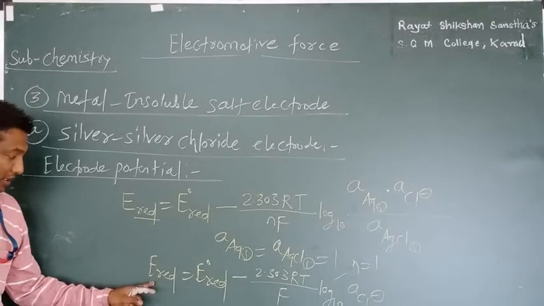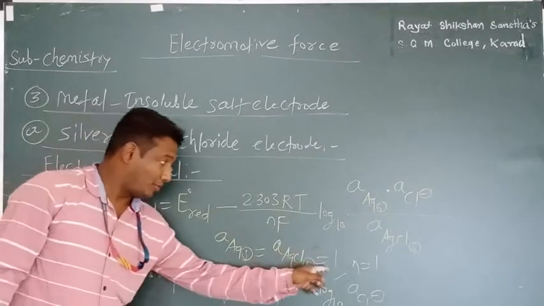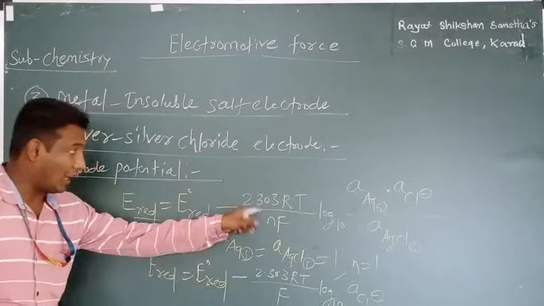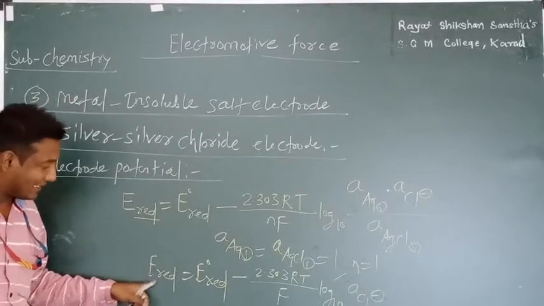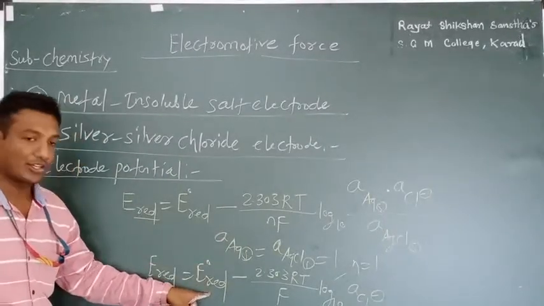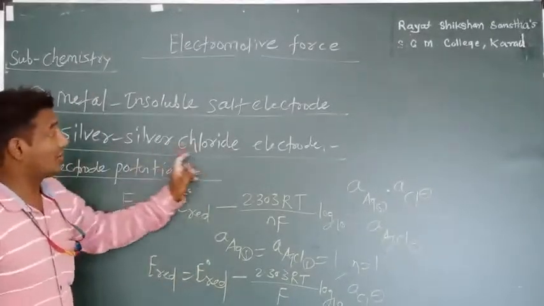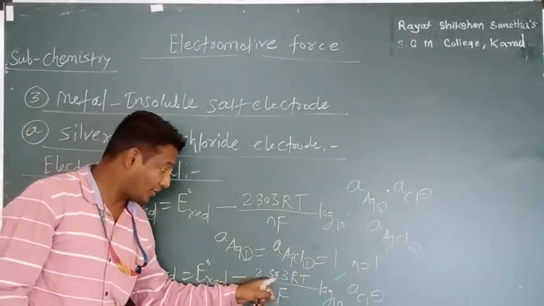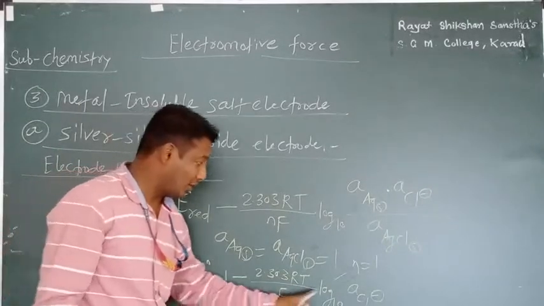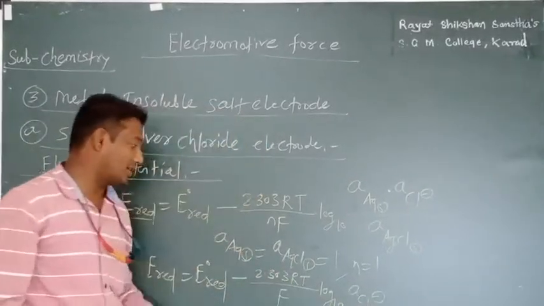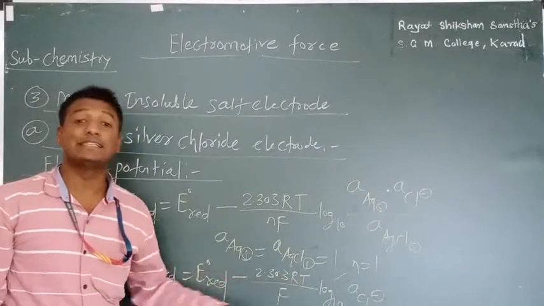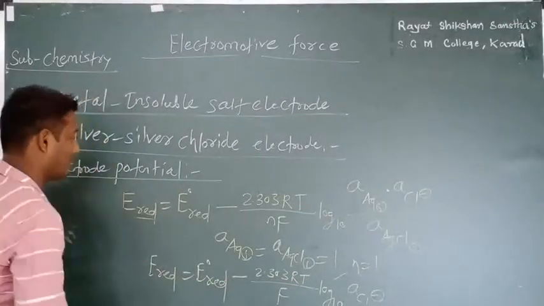This E0 reduction is nothing but the standard reduction potential of silver chloride electrode, where R is gas constant, T is absolute temperature, and F is Faraday's constant.